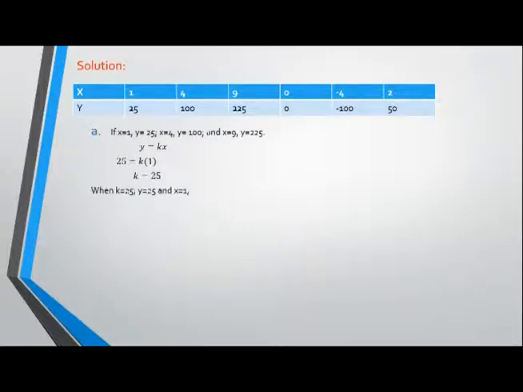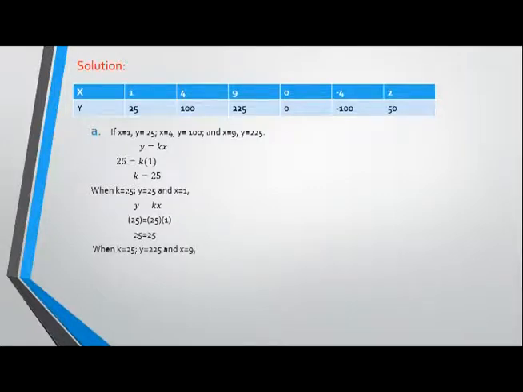So when k is equal to 25, y is equal to 25, and x is equal to 1, we substitute the given values to the equation, which is y is equal to kx. We have 25 times 1 is equal to 25. So 25 is equal to 25.